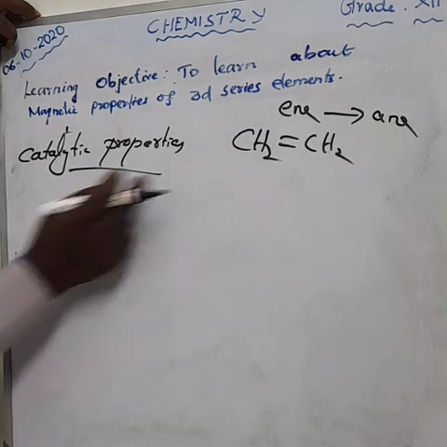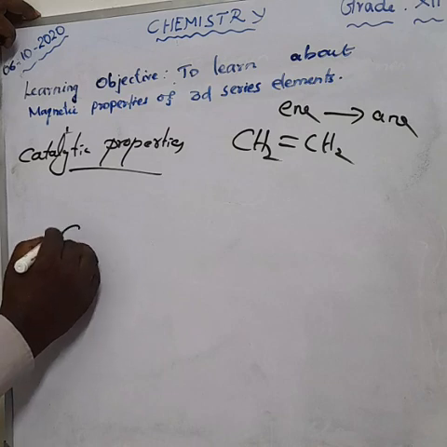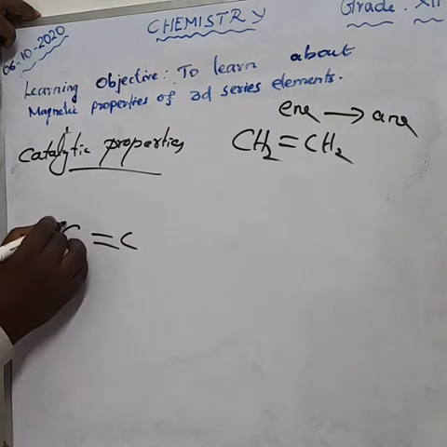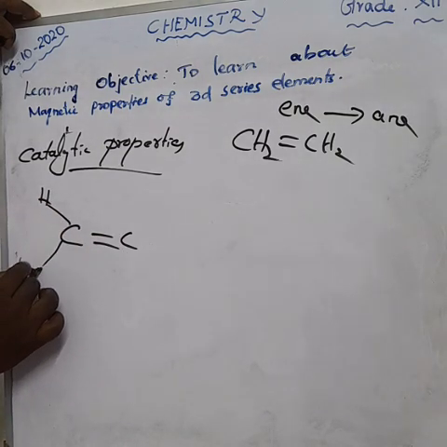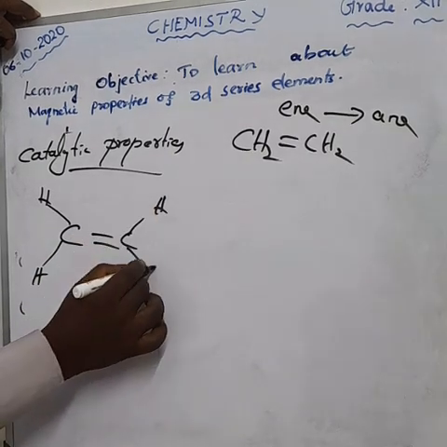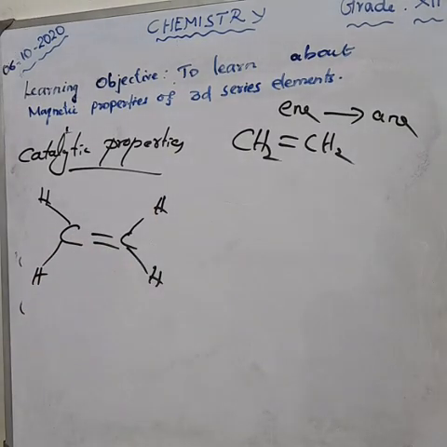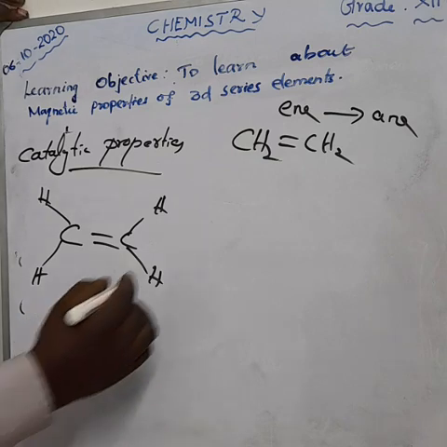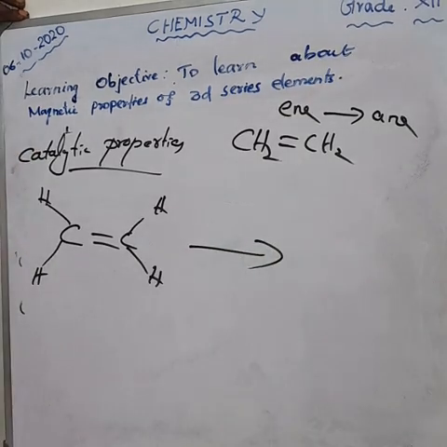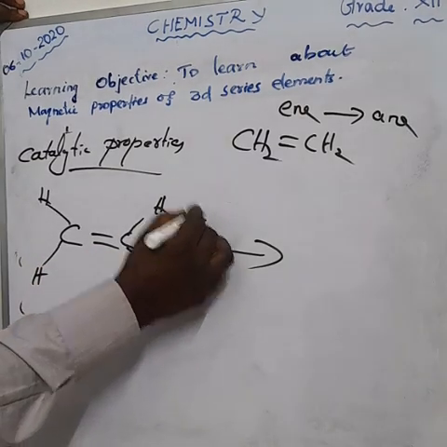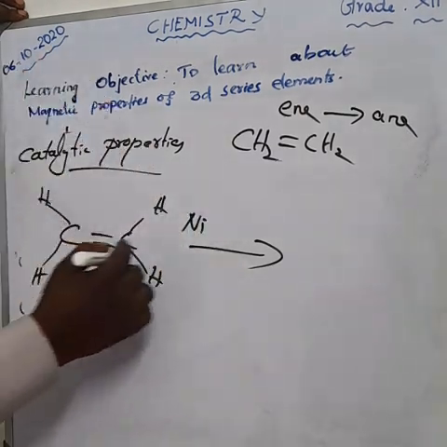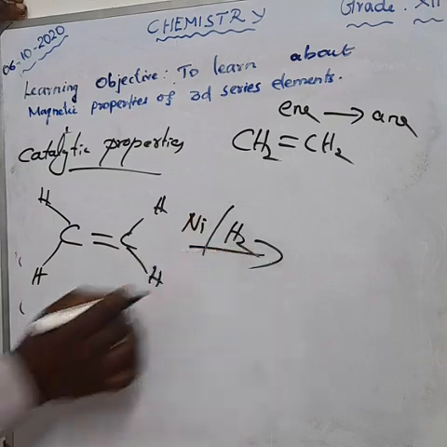Here, first of all, we are taking alkene, that is carbon double bond carbon with hydrogens. Clear? This is an alkene, an ethylene molecule. On reaction, we are taking one of the catalysts. In our 3d series, one of the very good catalysts used is nickel, in the presence of hydrogen.